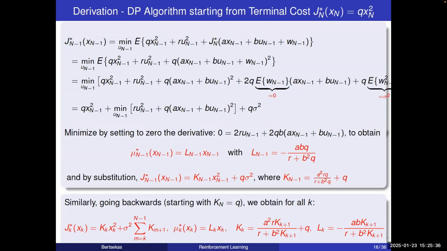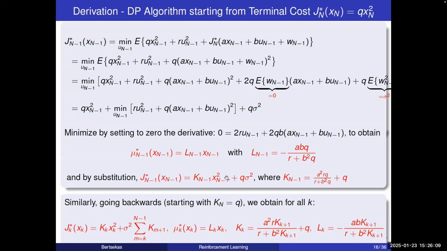In a generalization of this problem, you can have W's having different distributions at every stage, but you have to know them. And the A's and B's also can be time varying. There's a lot of generalization that's involved here, but of course you have to know the system itself, A and B. You have to know the cost, Q and R, and you have to know the fact that W has 0 mean.